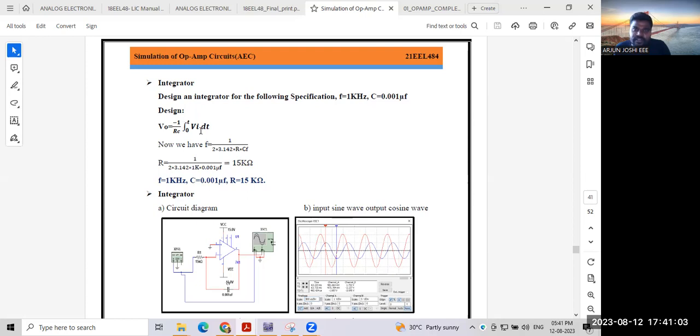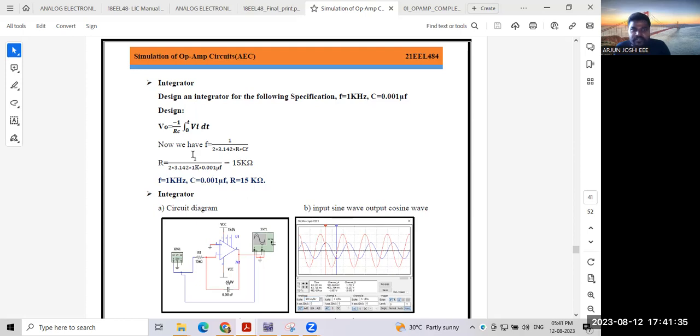I'm not going to concentrate on how to get this equation, but we should know it. It's a very simple derivation, and I'll discuss it in the future. Here we only need to consider the frequency formula, F is equal to 1 by 2 pi RC. That much is enough for this experiment.